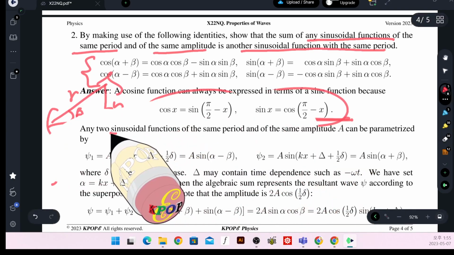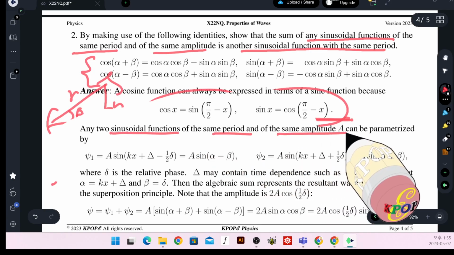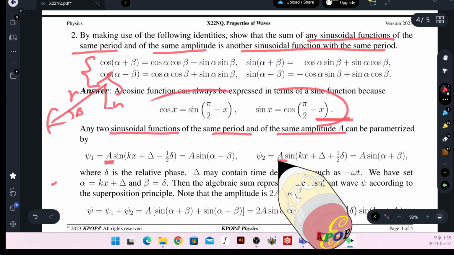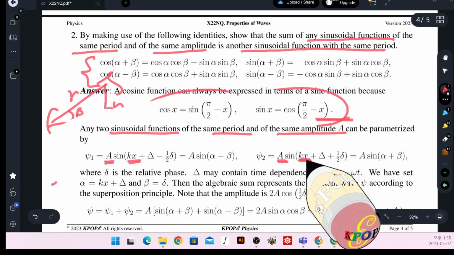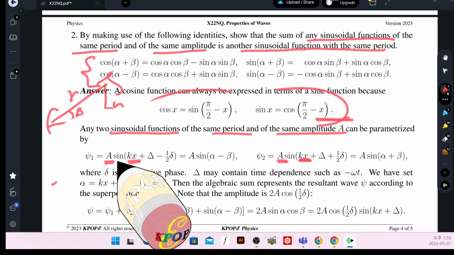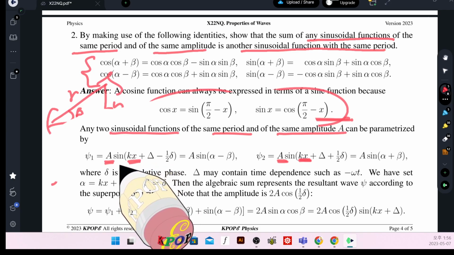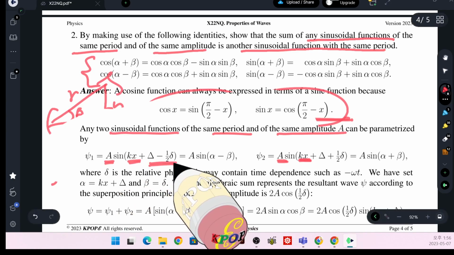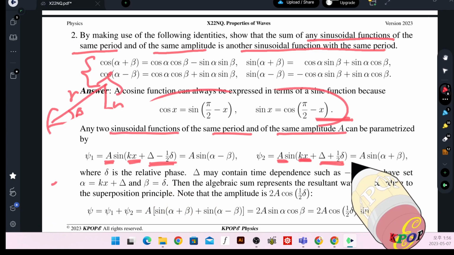Any two sinusoidal functions of the same period and same amplitude, and same period, because the wave number k determines the wavelength. So I have introduced this, and then we allow the difference in the two phases.